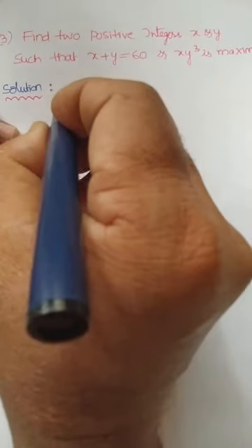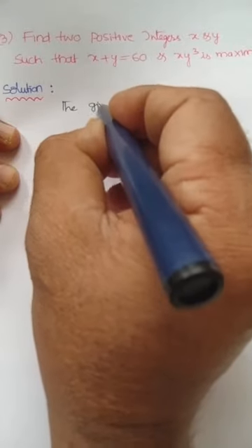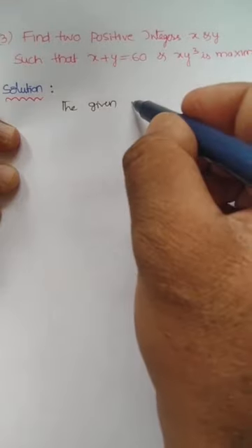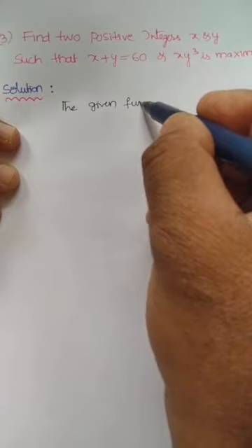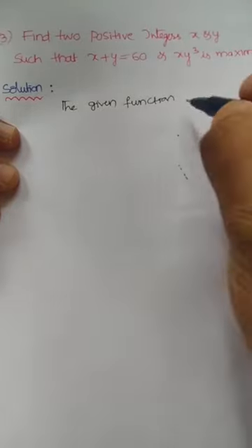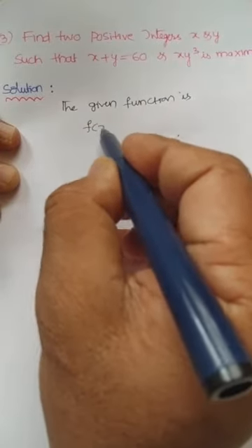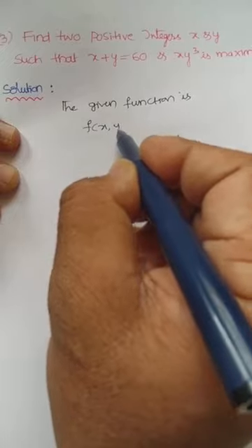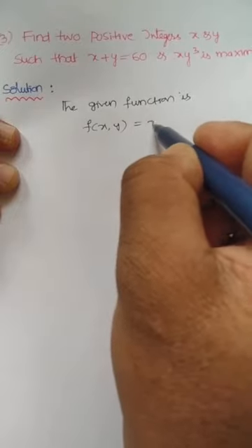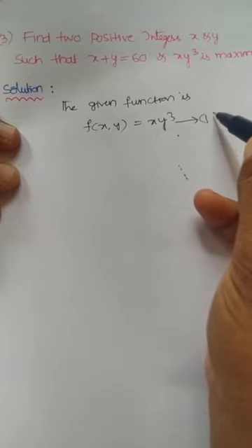The given function is f of x comma y. So the function is in terms of xy cube. So this is equation number 1 now.